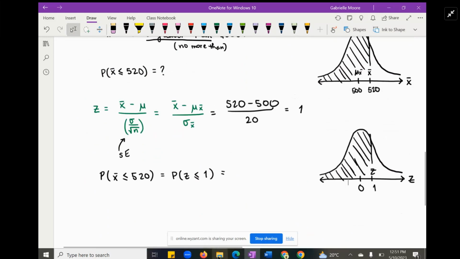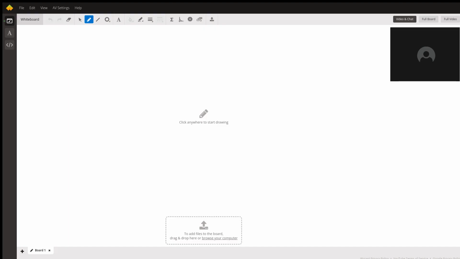Okay, now the last thing is this, and what I'm going to have to do momentarily is just pull up my z chart so that way I can demonstrate that.